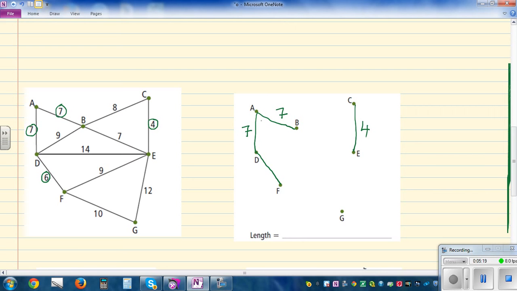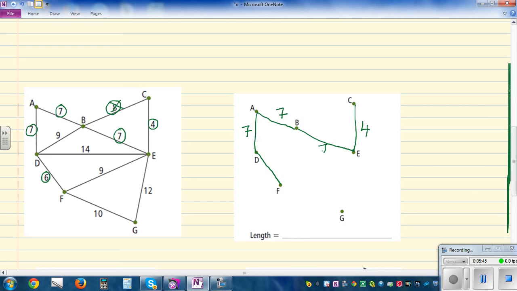So A, B, D, F are connected. If you want to connect these two nodes with this node, what are we going to do? You have the option of 8. 8 will connect C and B, or you can connect E and B. I think this is greater, so I'll cross that out. So I'm going to choose this option.